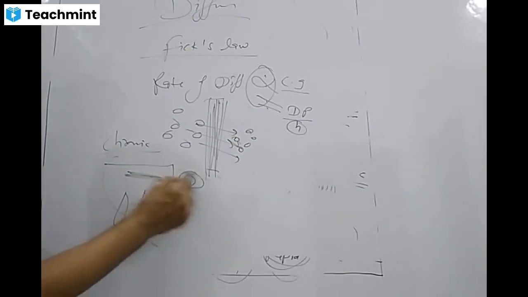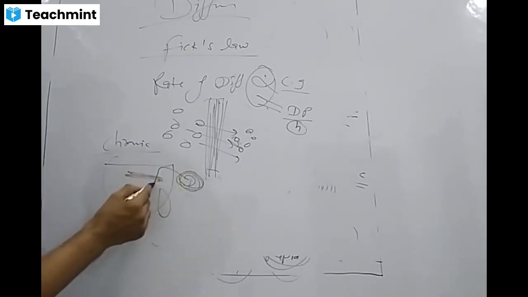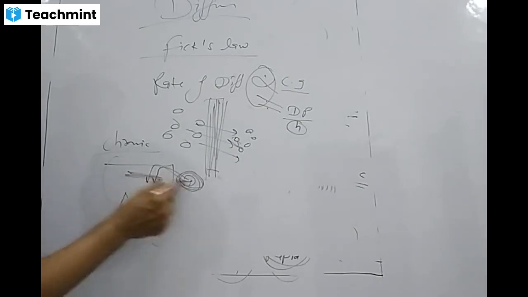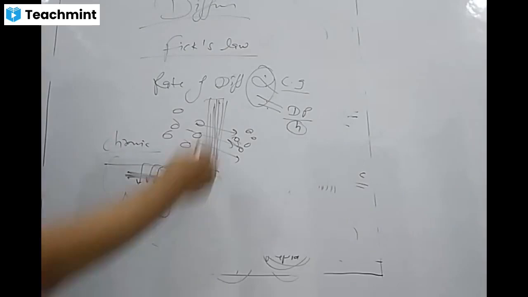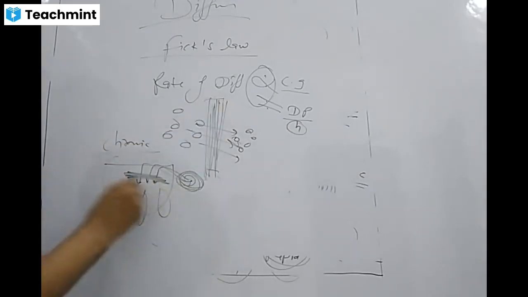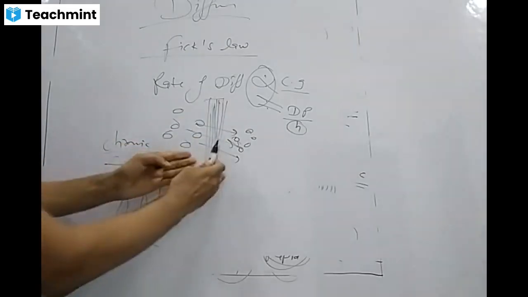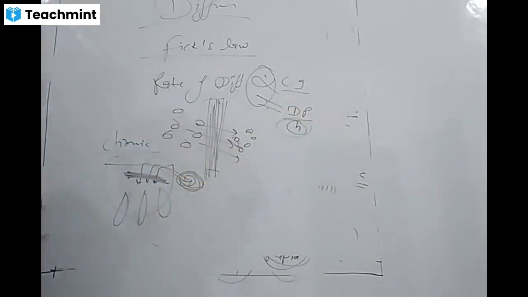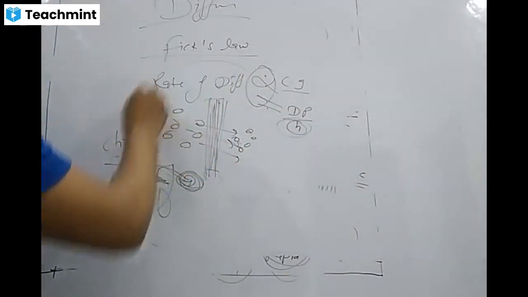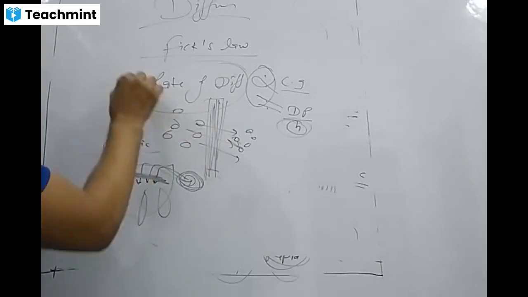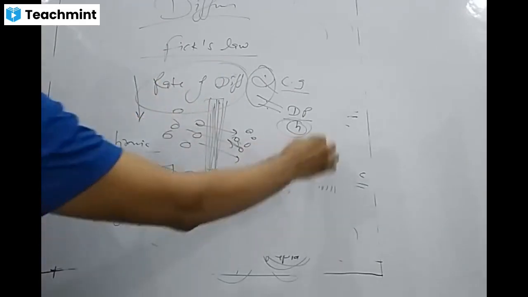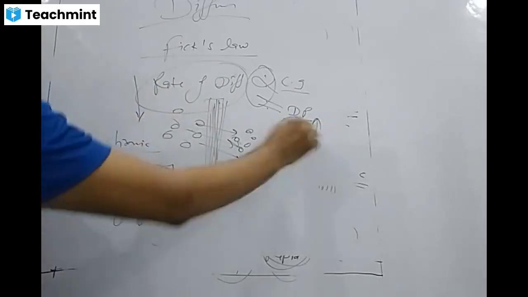So if you give a drug, it is very hard for the drug to cross this membrane because the membrane has become thick. So this H will tell you thickness. Rate of diffusion will decrease with increase of the thickness.